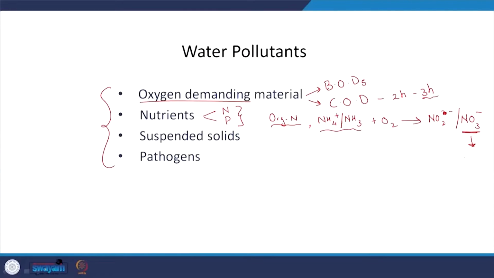Typically methemoglobinemia, where you have the blue baby syndrome, that is an issue with respect to nitrates. So, you obviously do not want to have a lot of nitrates in your solution, and thus we are going to look at removal of nitrogen, let us say, right. And suspended solids and pathogens, we will discuss in detail or relative detail today.